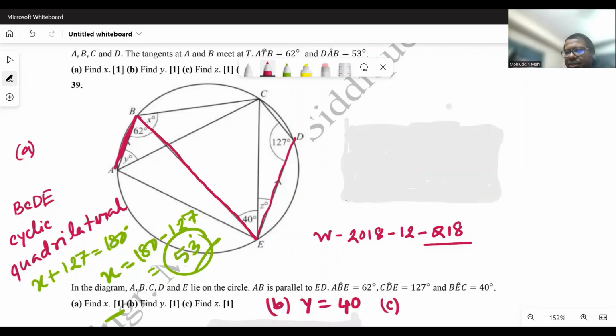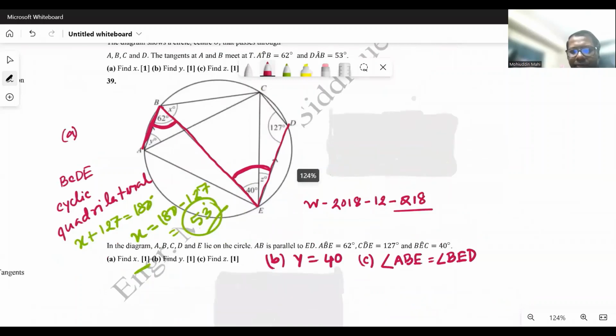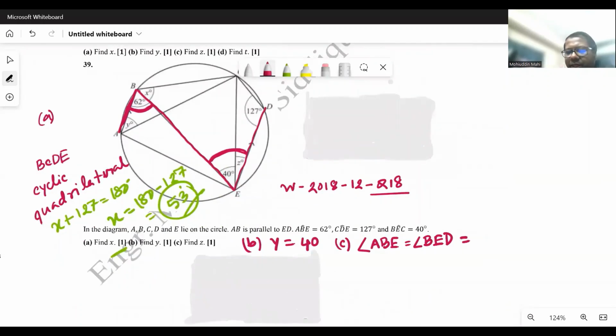And BE is the intersector. So interior opposite angles are supposed to be equal, which is also called alternate angles. So in question C, angle ABE equals angle BED. These are interior opposite angles or alternate angles.